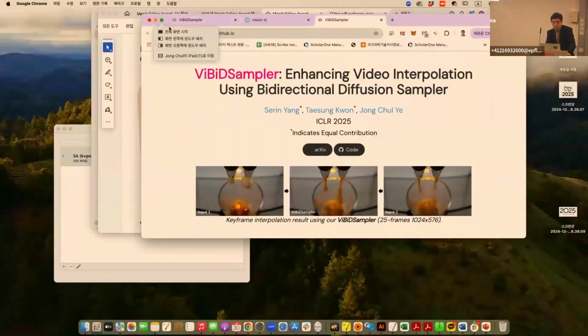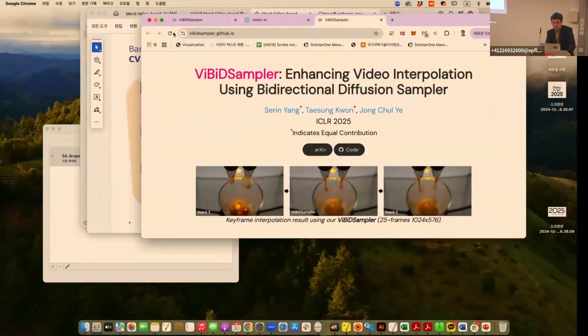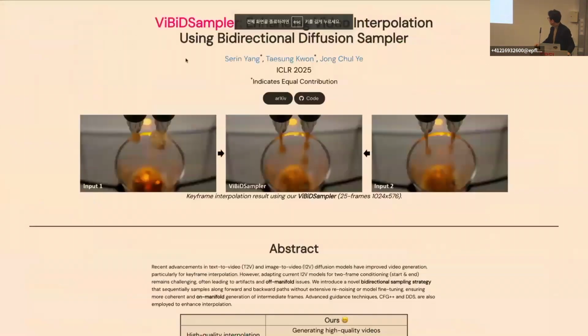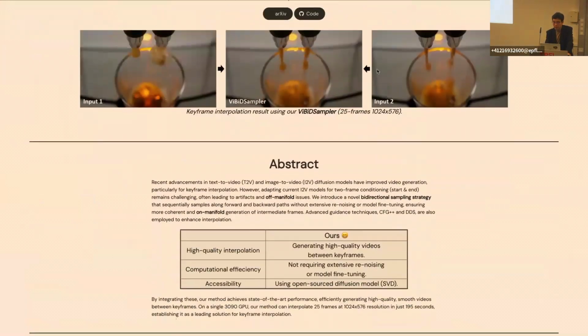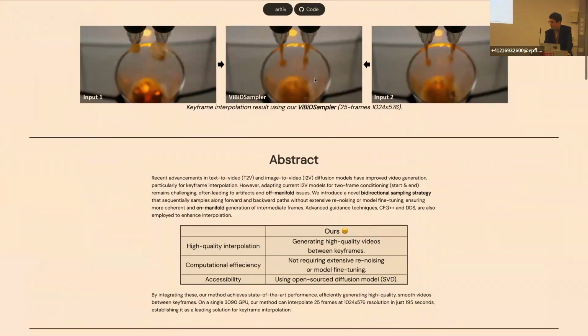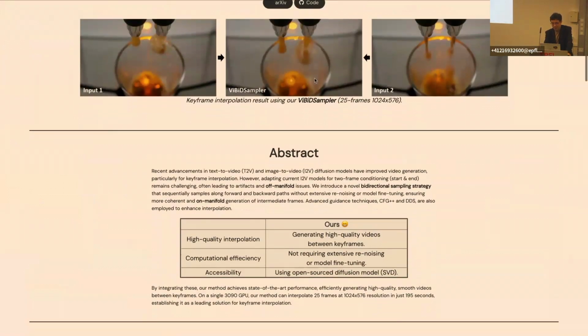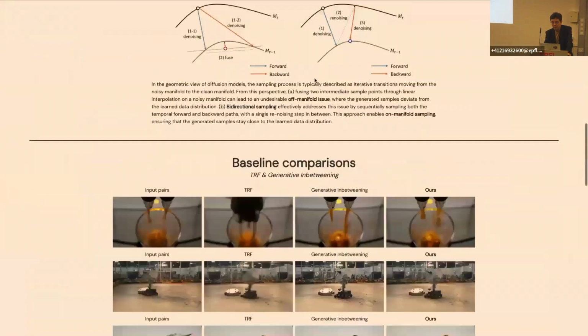For example, here, this is what we call the vivid sampling that we have. From this first frame and this last frame, you can generate interpolated images. You can clearly see the camera is dropping very well. And this is some of the comparison with other work.